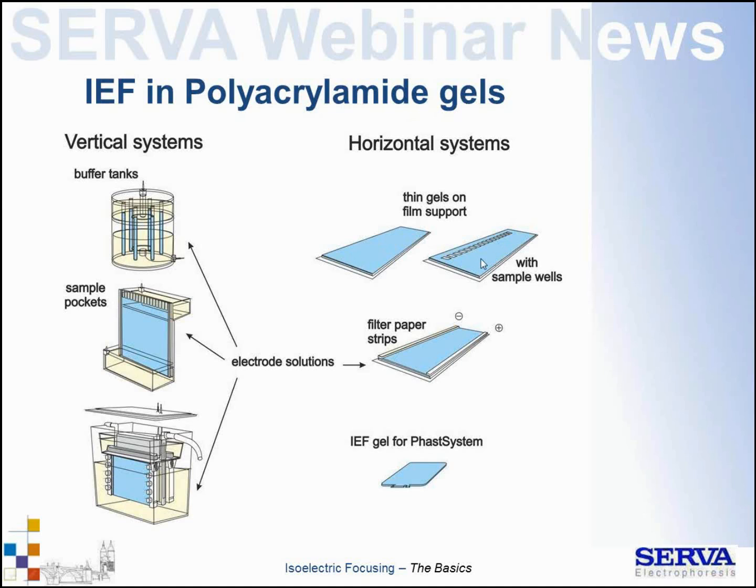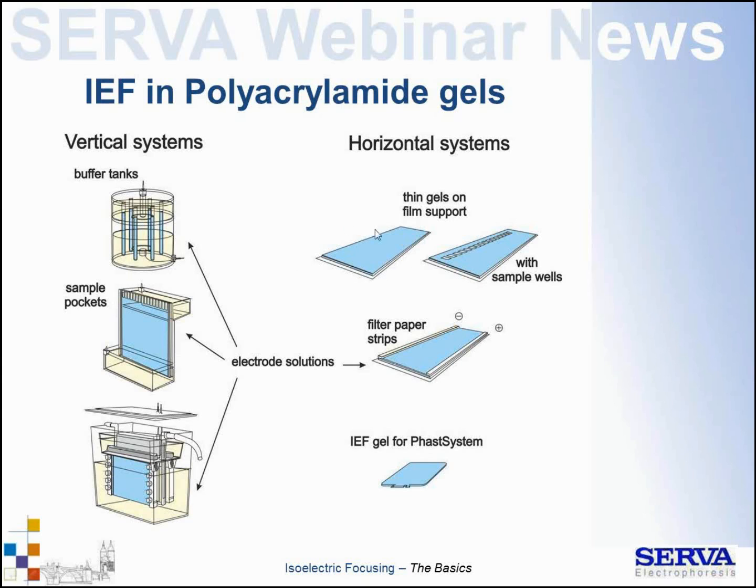Or it is also possible to polymerize little sample wells into the surface of the gel, but not going all through the layer, only about 1/3 of the layer, where you can pipette your samples. This is mainly done when you know already at which position in the pH gradient the sample has to be applied. I will come back to this matter a little bit later also.